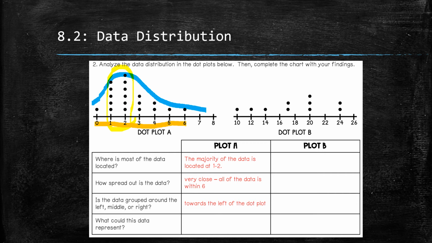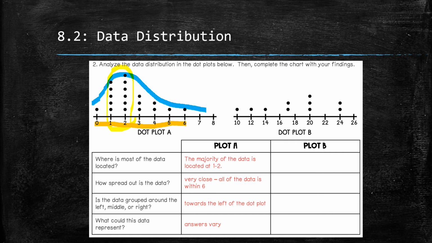I'm not saying that the data is on the right. Could this data, or what could this data represent? There's a variety of things this data could represent, so there's a variety of different possible answer choices. One could be the number of books somebody read.